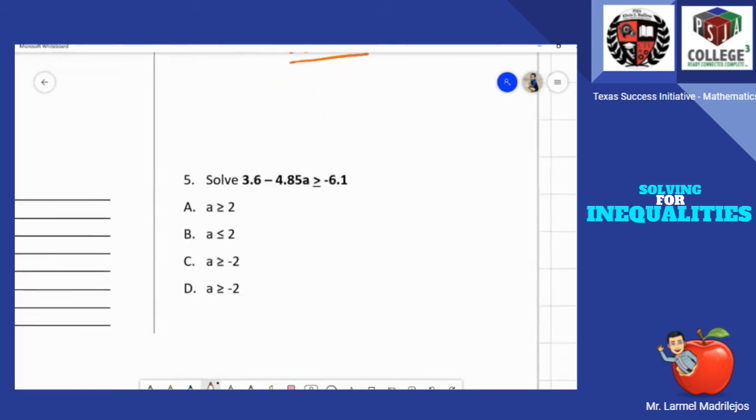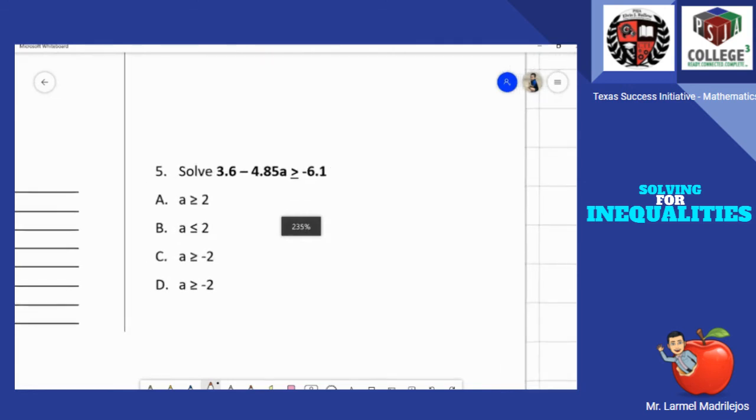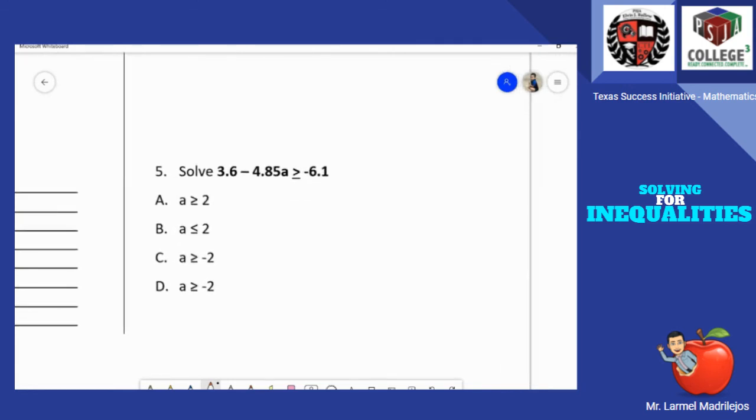Last example. The same way. Look for the variable. That's my variable there. Looks like this is a negative coefficient. It means this will flip later on. Let's start. So this is positive 3.6. I need to get rid of this by doing negative 3.6 on both sides of the equation.